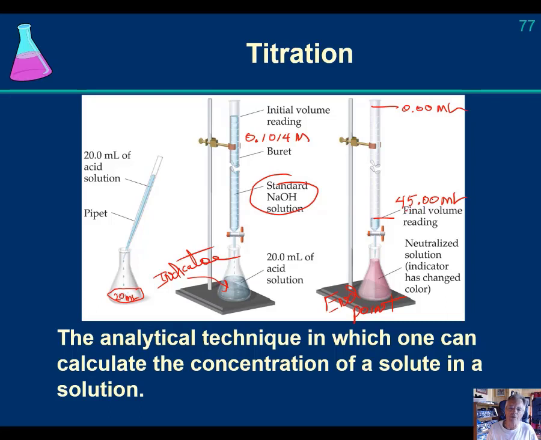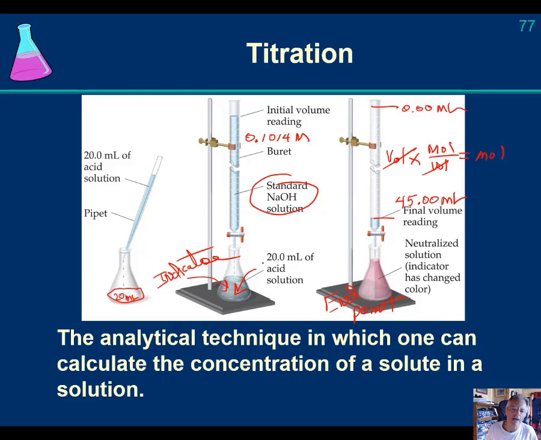And we're going to be able to use that to determine what the original concentration that we started with of this solution is. And that's because volume times the molarity, which is moles over volume, is equal to moles, because as long as the volumes are in the same units, they will cancel, and that's going to give us a unit called moles.